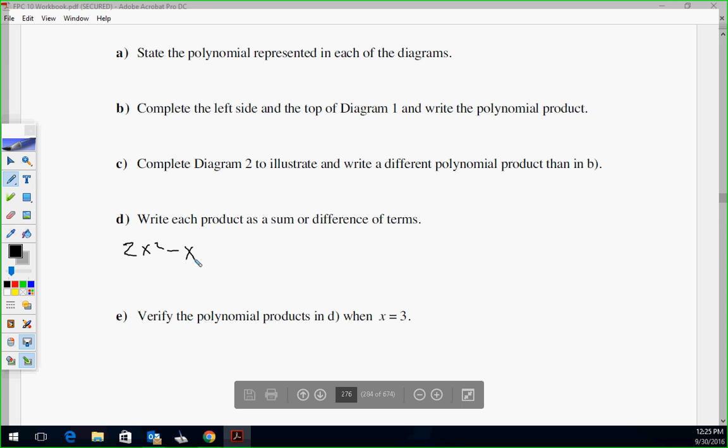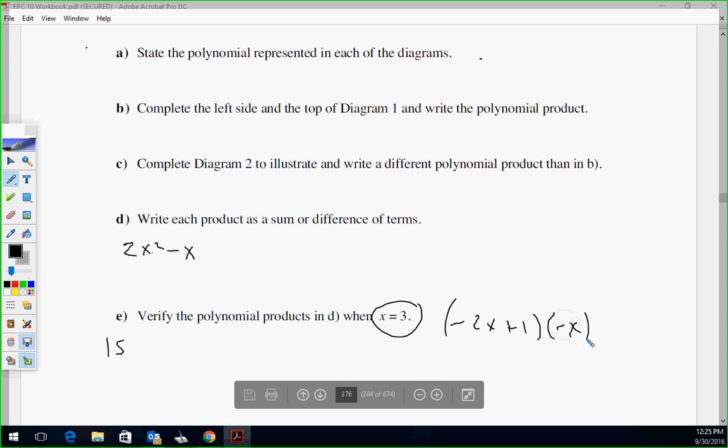Verify that these are the polynomial products when x is 3. So I'll let you guys do this. What you're going to do is plug in 3 into the two things I had up here and make sure that they are equivalent. So like I'll plug 3 into this. So that's 9, 18 minus 3 is 15. What was the other one? It was a negative 2x, right? Yeah, negative 2x plus 1 times a negative x.